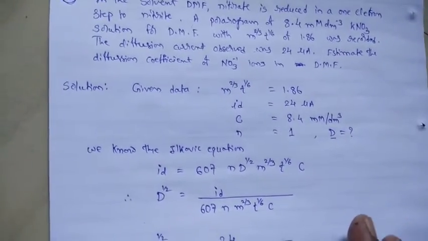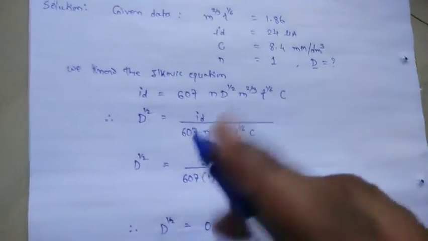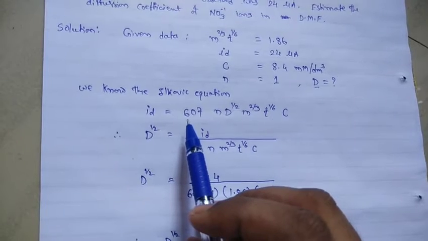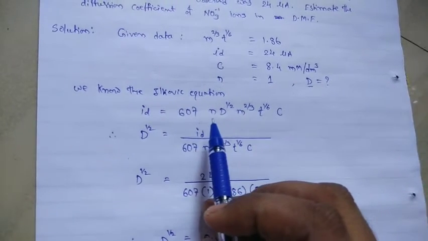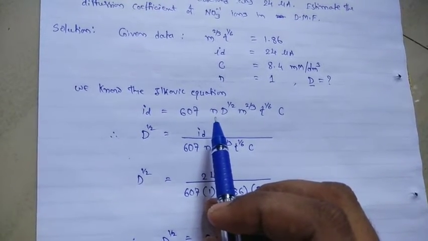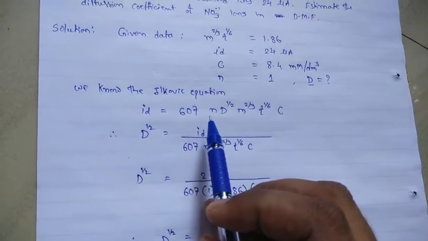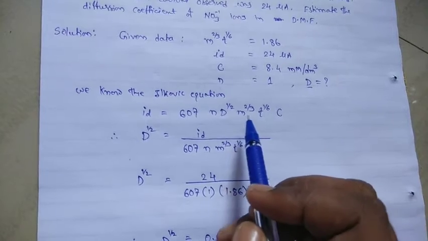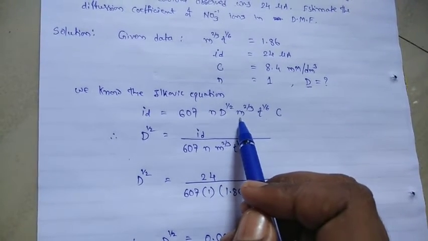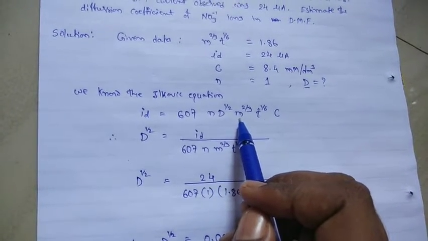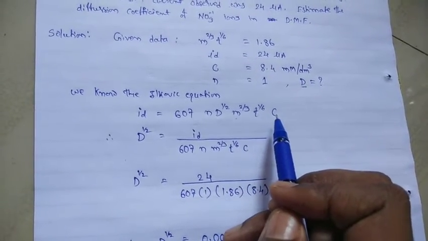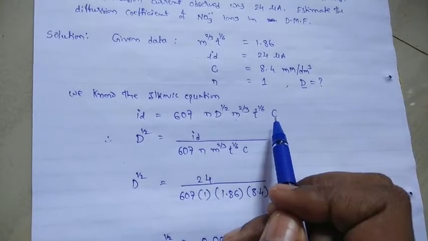So for that we have to consider the Ilkovic equation that we know, that is id equal to 607 into n into d raised to half, and this m raised to 2 upon 3 into t raised to 1 upon 6 is nothing but the capillary coefficient, into c, which is nothing but the concentration.